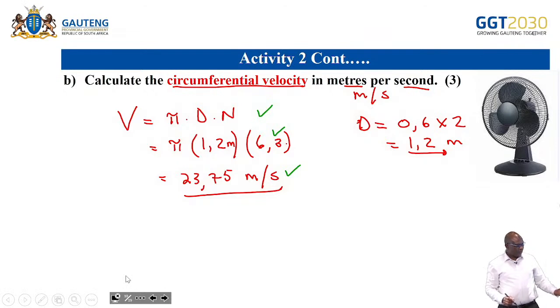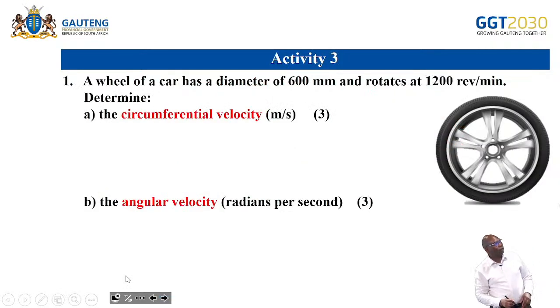Now, let's look at activity number 3. With activity number 3, I'm only going to do A and ask you to do B. So I'm going to do 1A there, and I want you to do B. Now, let's read the question.